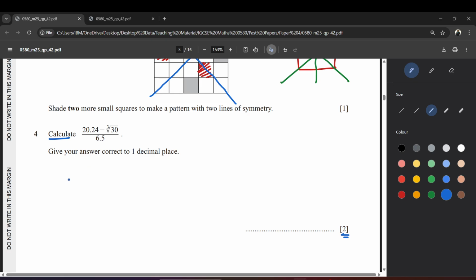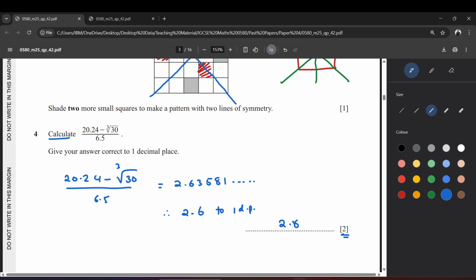So here the answer that I'm getting is 2.63581, and so on. Now if I round this to one decimal place, I'm going to get 2.6. So therefore my answer will be 2.6.